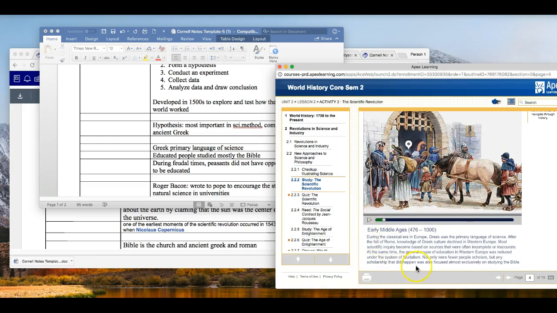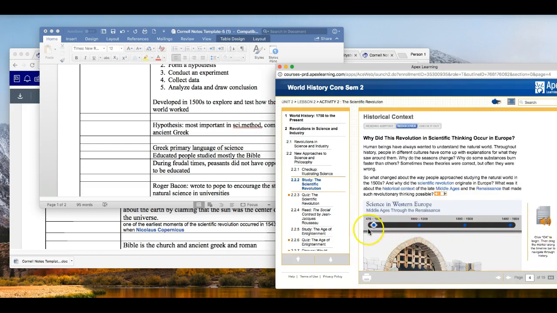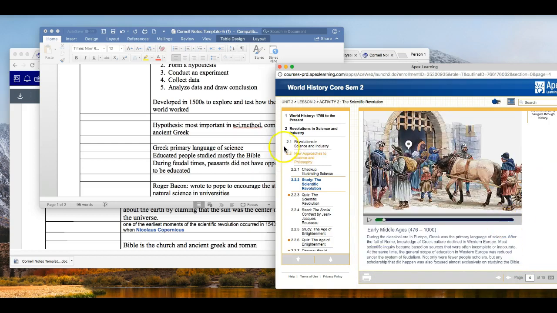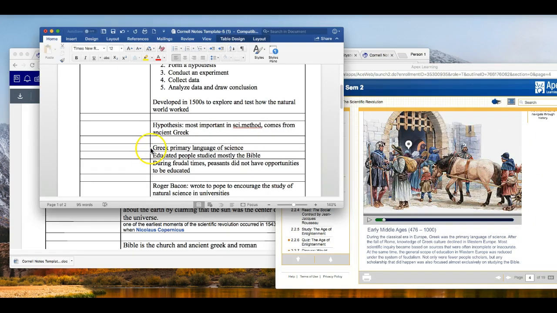And coming out of this very first paragraph on the first date in the timeline, what I took out of it is that Greek is the primary language of science, and that educated people studied mostly the Bible. They really didn't study anything else because the church wasn't in favor of people studying anything other than the Bible.